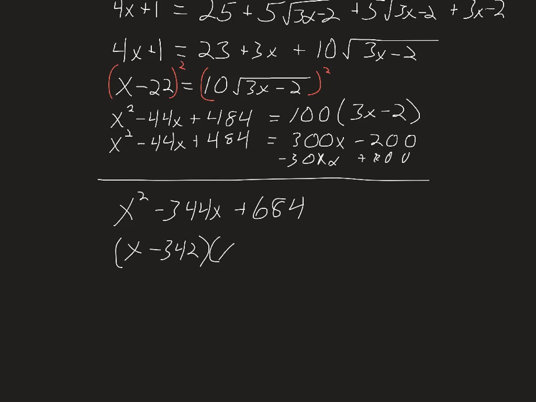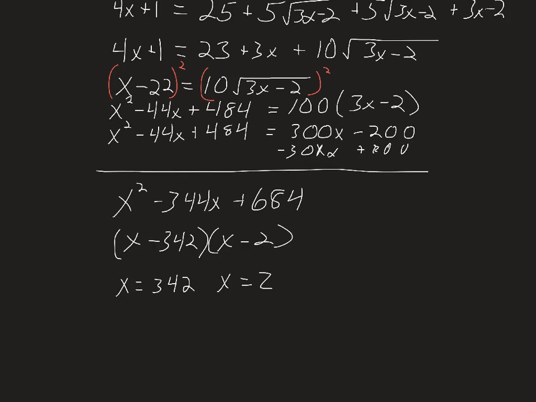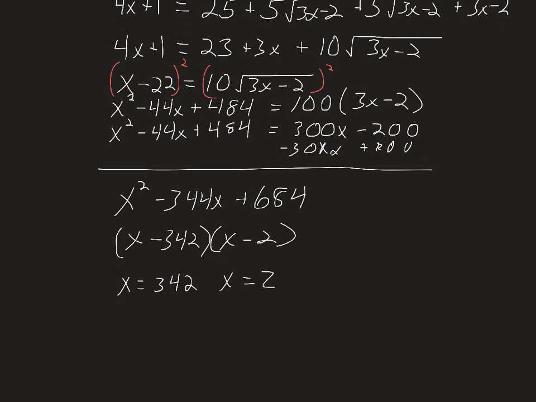And we get two values. Now we've got to check these to see if they're okay or not. So I pop these into my calculator, especially the 342, and when you plug that in, you get 37 minus 32, which is in fact 5.